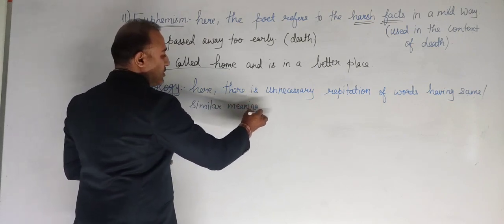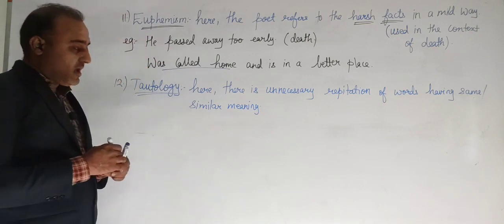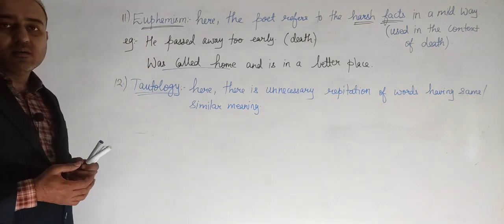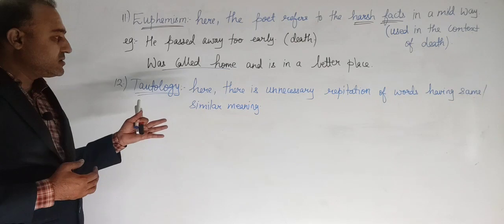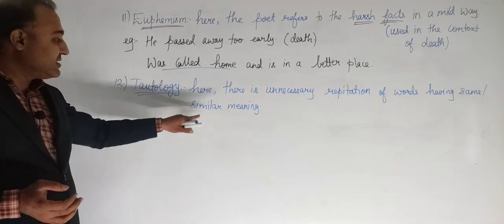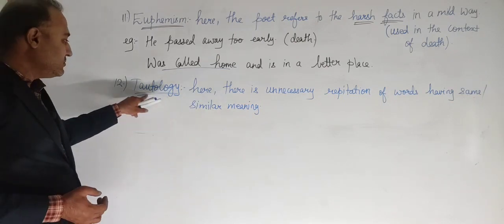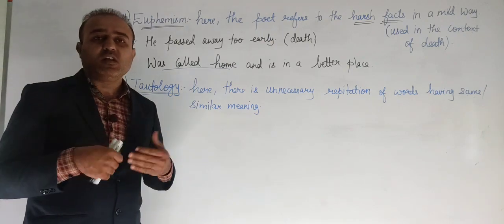Right, so if you are going through a poem, if you are reading a poem, and if you find different words having same or the similar meaning, it is said to be tautology.